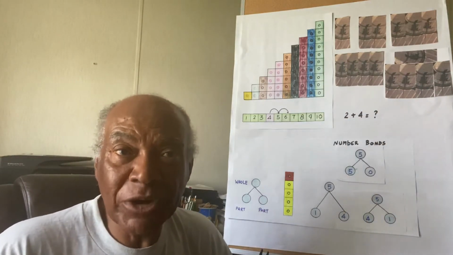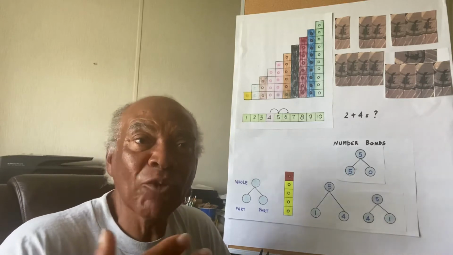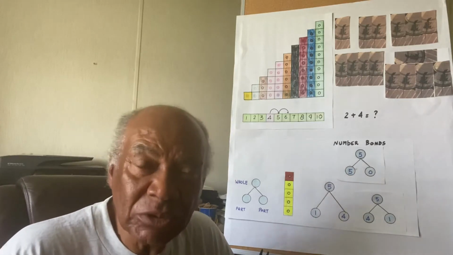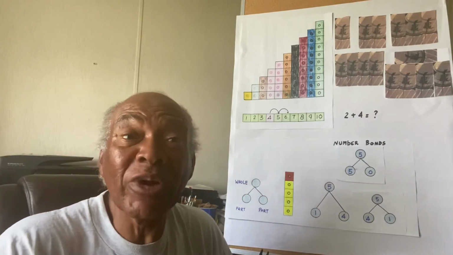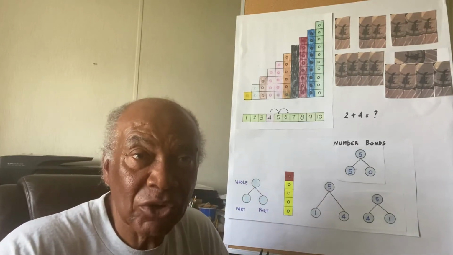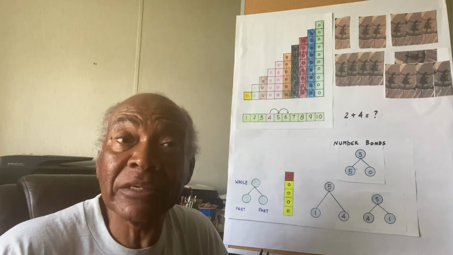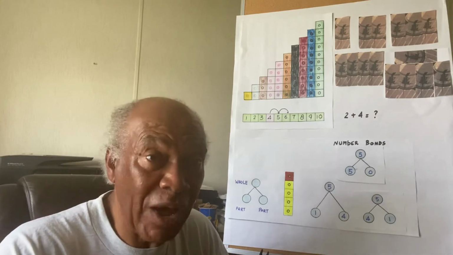Sometimes in my experiences, I've always been able to teach my students with the tools that they already have, or things that they like, or things that they know about.